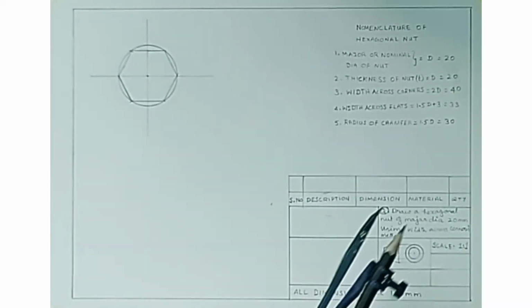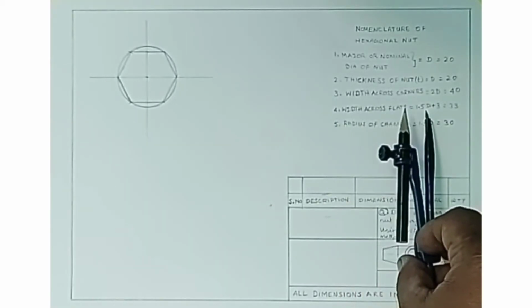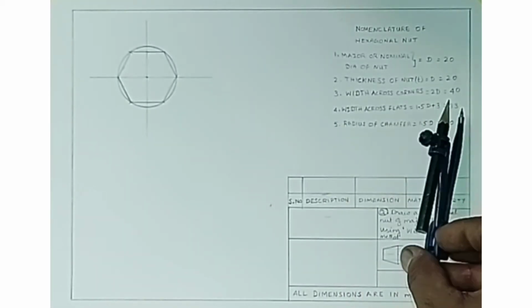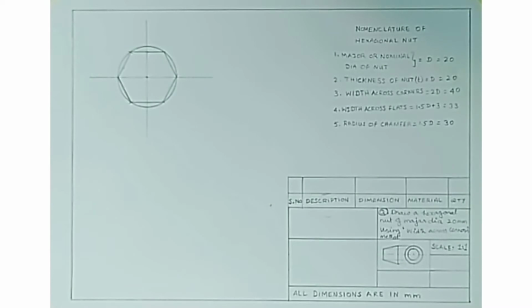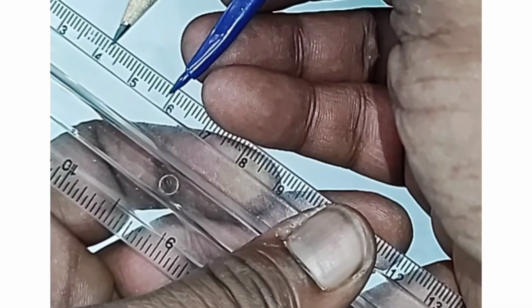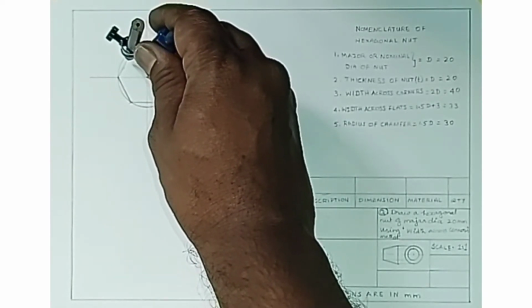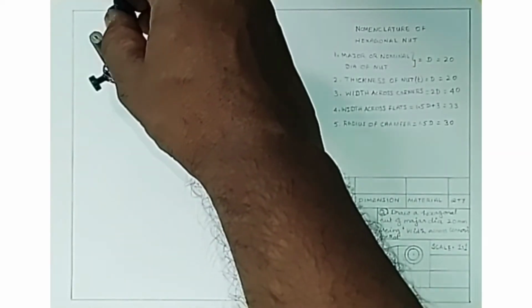Now take this dimension, width across flats, that is 1.5D plus 3 mm, that is 33. 33 means half of that is 16.5. Take 16.5 using compass and draw a concentric circle by keeping this as the center.